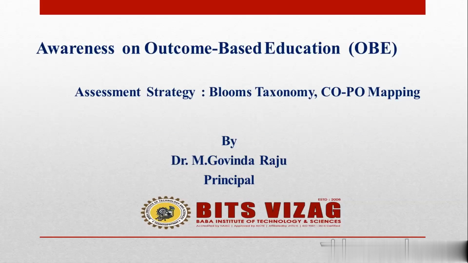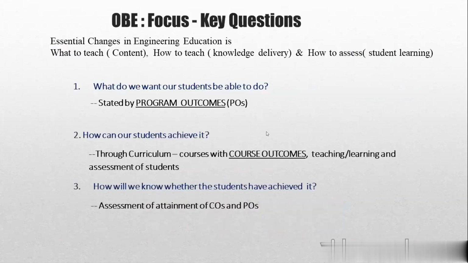I'm going to teach simple CO and PO attainment, except rubrics, because rubrics need a lot of exercise. Whatever I deal with today is very simple and understandable. You only need to focus a little bit more, and if you listen carefully, you will be able to do this exercise very easily. Welcome to this awareness on outcome-based education.